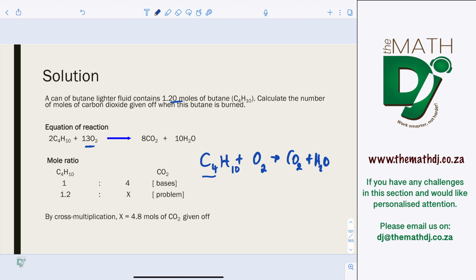So what you do, you put a 4 here, so the carbon is balanced. Then you move on to the hydrogen. There are 10 on this side, but on this side there are 2. Okay, let me create a space here.